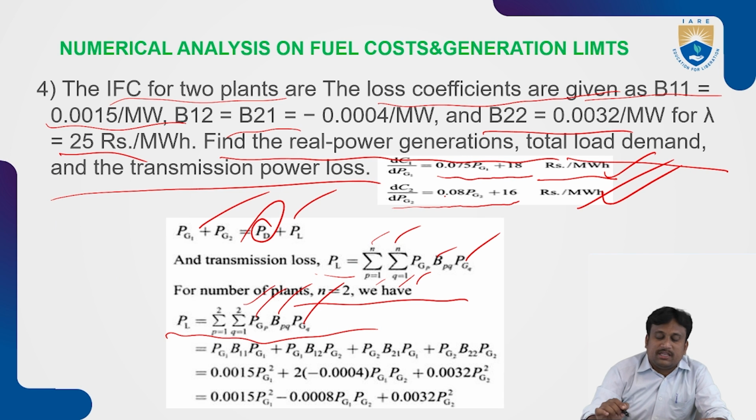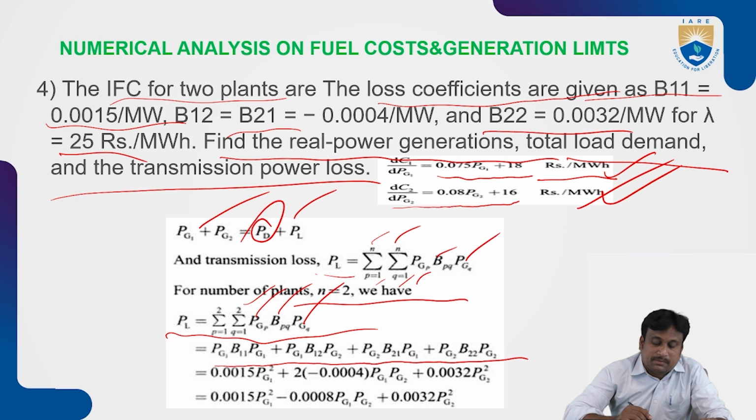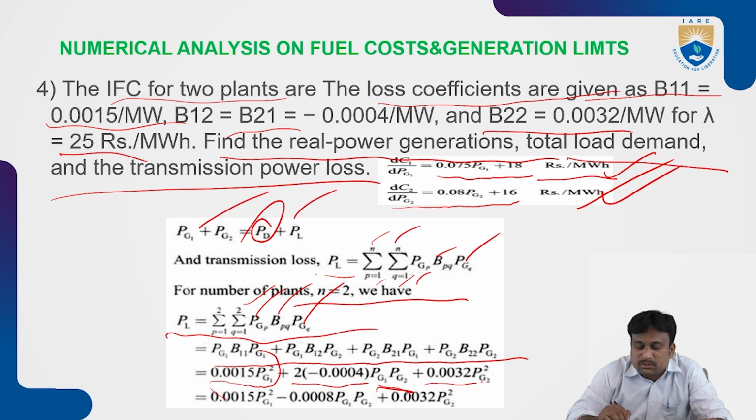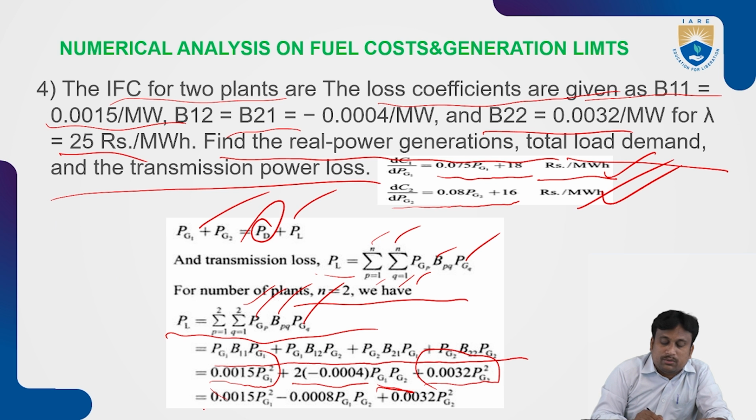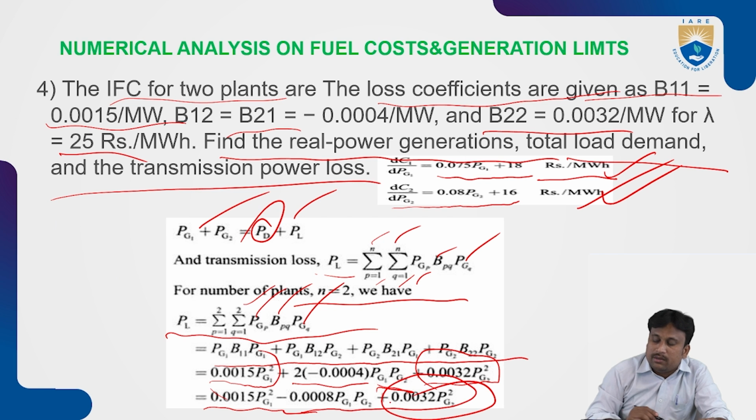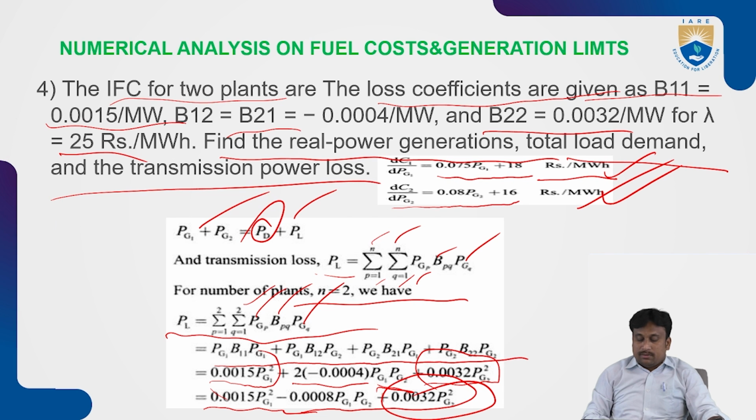So with these conditions, if you simplify, Pg1 B11 Pg1 plus Pg1 B12 Pg2, Pg2 B21 Pg1 plus Pg2 B22 Pg2. Now substitute the given values: 0.0015 Pg1 square, 2 into minus 0.0004 Pg1 Pg2, plus 0.0032 Pg2 square, which equals 0.0015 Pg1 square minus 0.0008 Pg1 Pg2 plus 0.0032 Pg2 square.